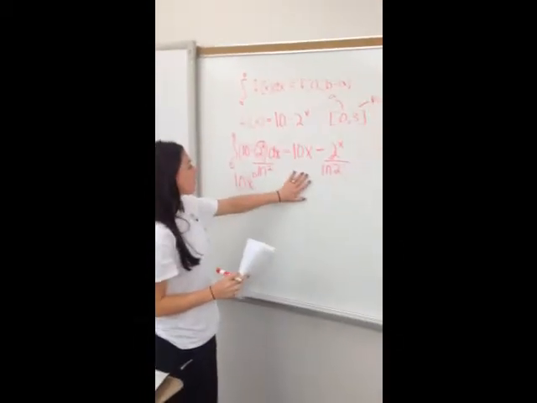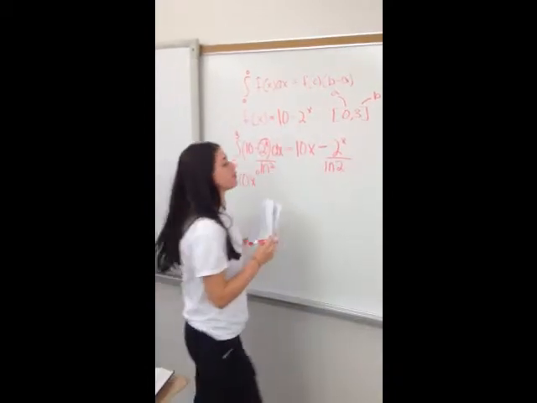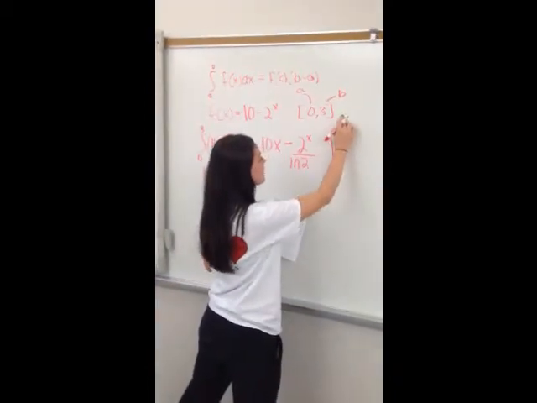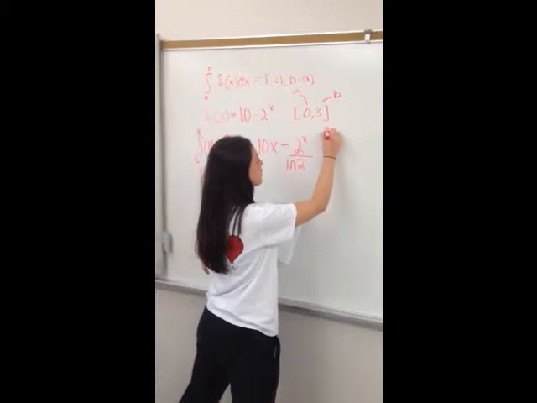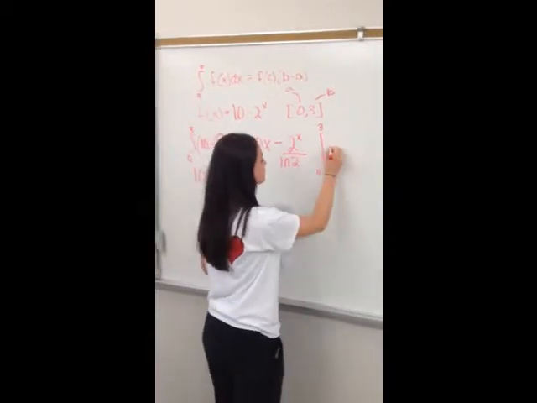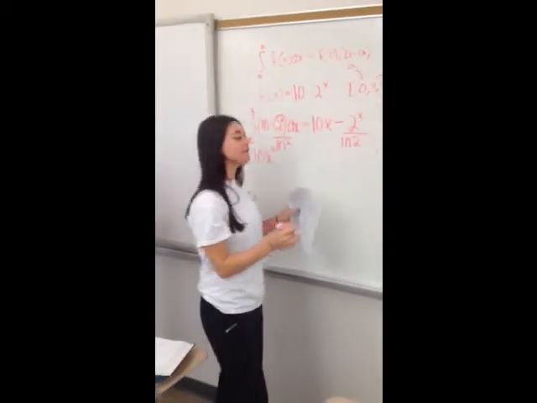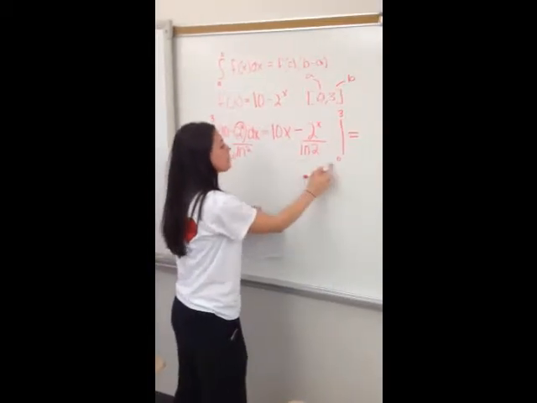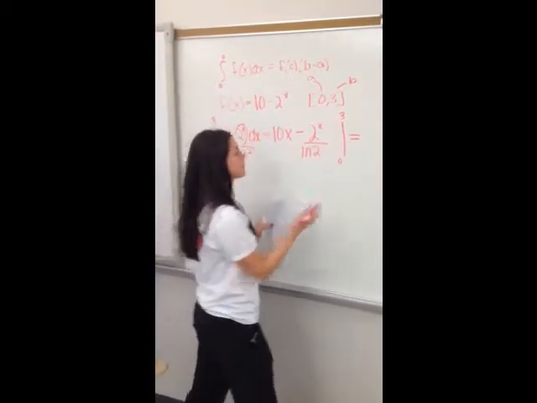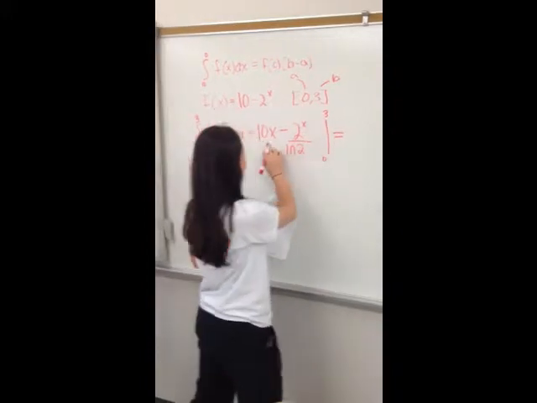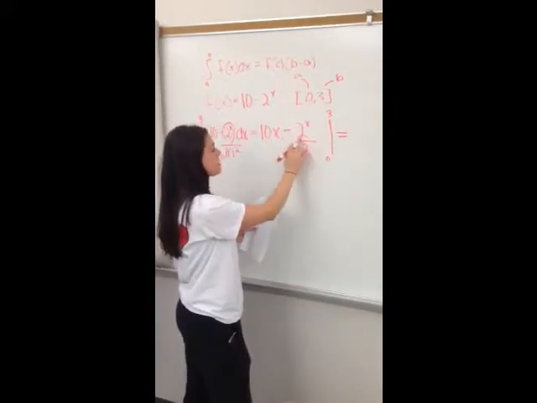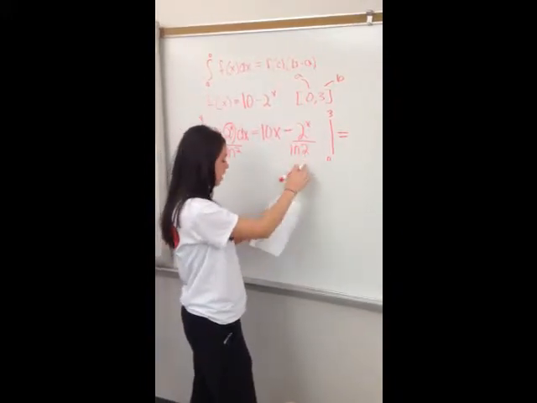And to show that we took the integral, you put a bar here, put b on the top, a on the bottom. So 3 over 0. Now, what you have to do next is plug in 3, then plug in 0 and subtract. So what you have to do is plug in 3, so 10 times 3 minus 2 to the 3rd power over natural log of 2.